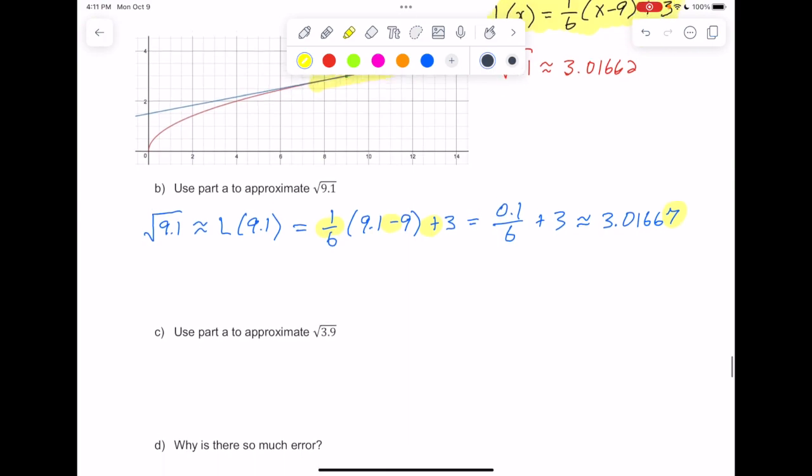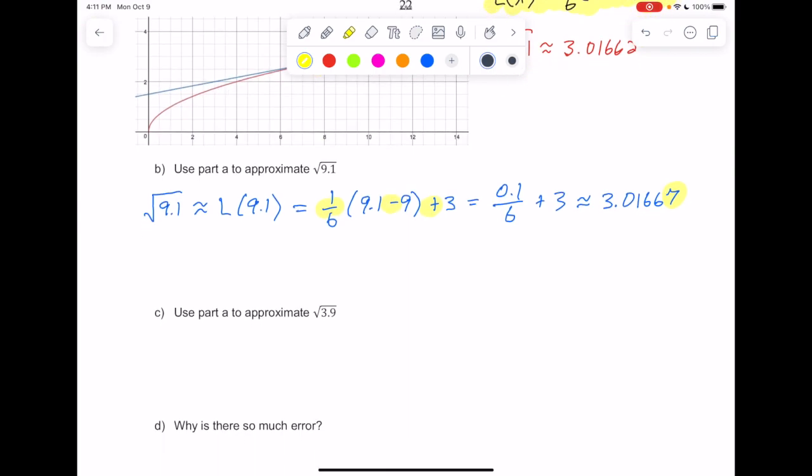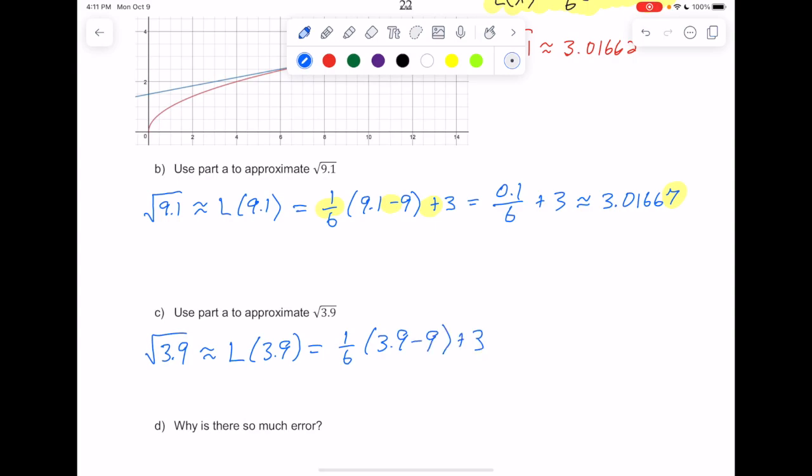All right, let's try the same thing to approximate the square root of 3.9. So we'll just do the exact same technique. Sorry, let me just get the color back to blue. So we're going to try and get the square root of 3.9 by approximating it by plugging 3.9 into our linear approximation. So it'd still be 1/6, but now it would be 3.9 minus 9 plus 3.